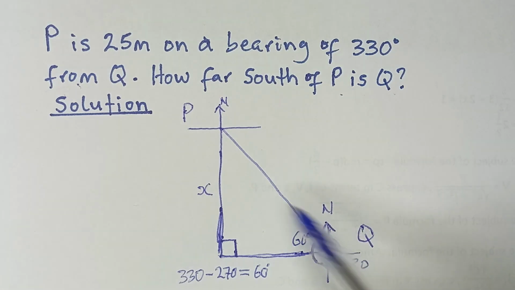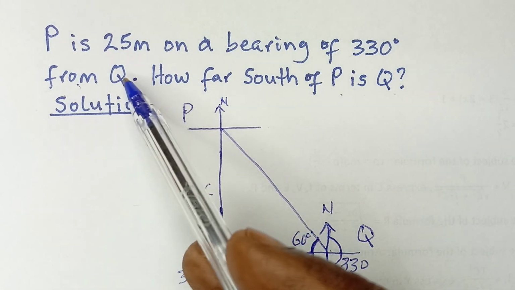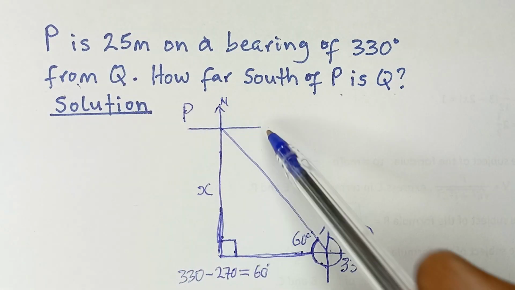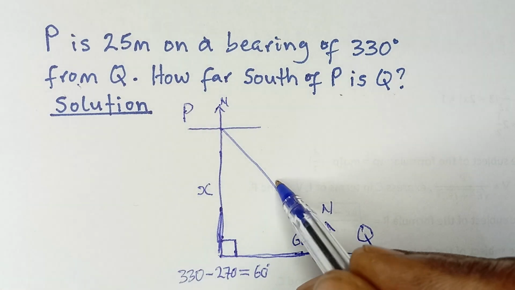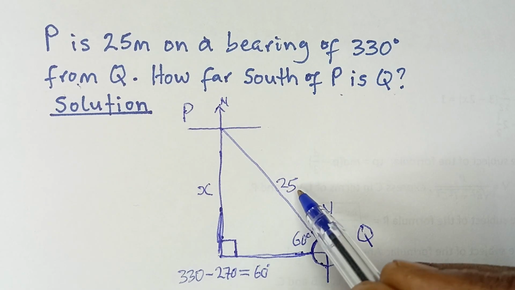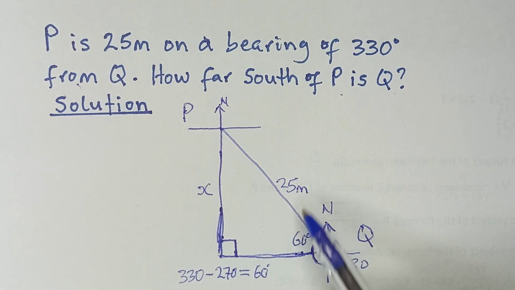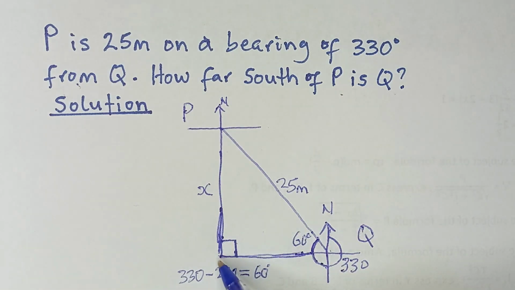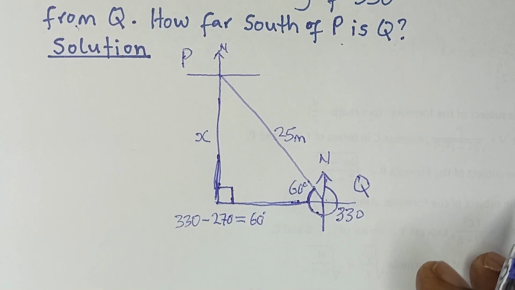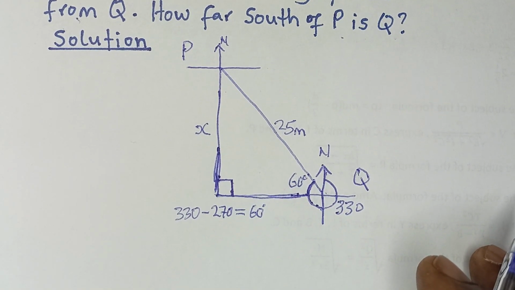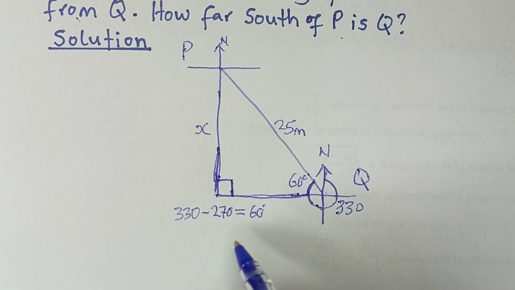And then don't forget, from P to Q, given to us in the question, is 25 meters. So I'm going to write 25 meters here. Now that I've written that, and I have this right angle triangle, I can go ahead and make use of trigonometric ratios to get the value of my x.